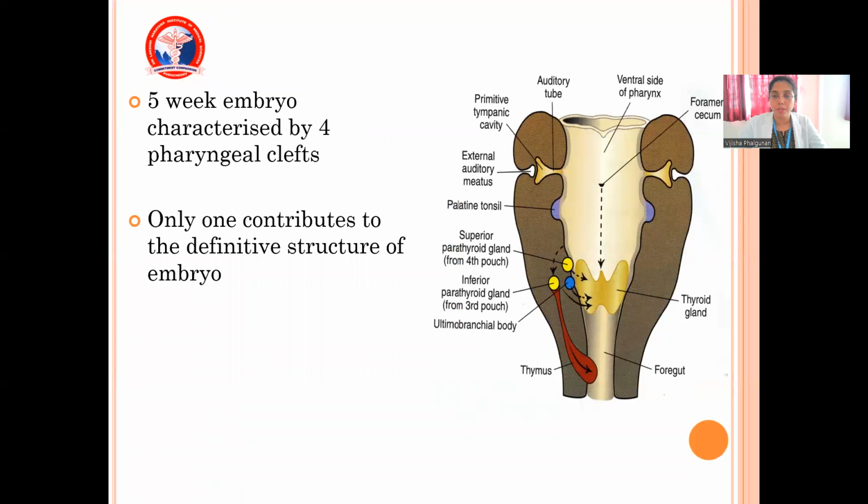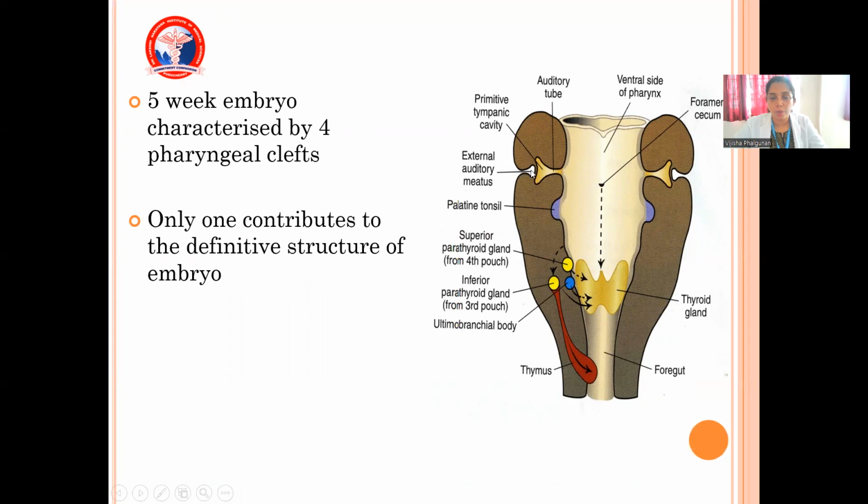By the time the embryo is in the 5th week, you will get 4 pharyngeal clefts. Between the arches, the ectodermal layer is going to dip, which you call an ectodermal cleft. Out of these 4 pharyngeal clefts, only one contributes to the definitive structure of the embryo.